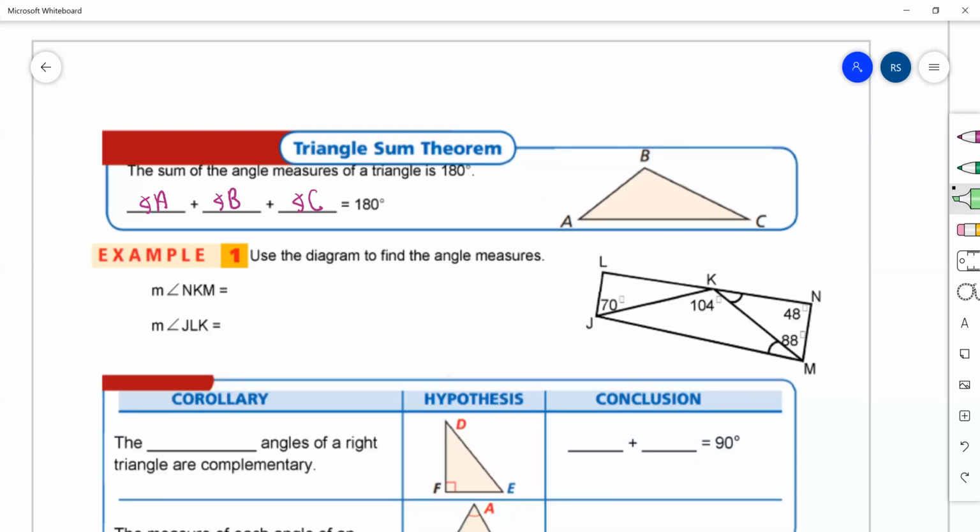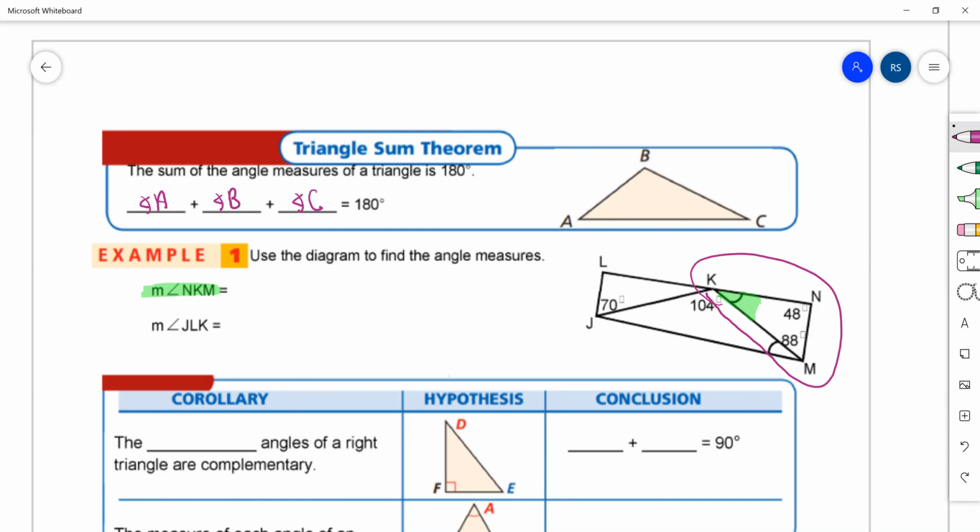The first one they ask us to find is angle NKM. NKM is this angle right here. That's what we're trying to find. Well, we know that all three of the angles in this small triangle up here have to give you 180.